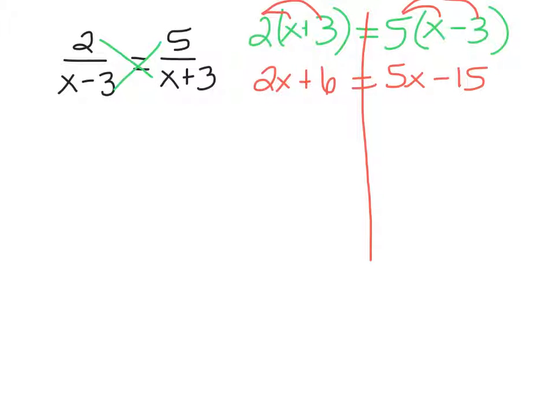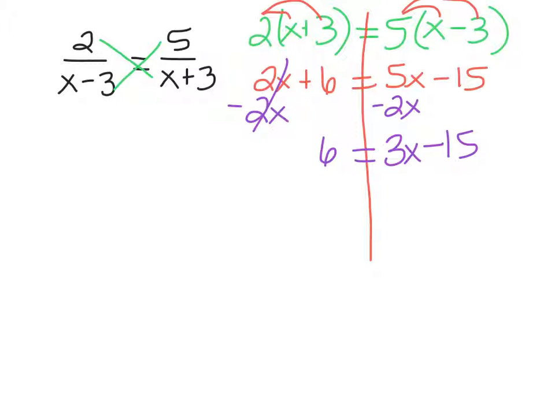Now in this problem we have variables on both sides, and if you think back to when we were solving lots of equations, when we have variables on both sides, we like to eliminate the one that has the smallest coefficient. It just makes the problem a little bit easier. So I'm going to eliminate the 2x because that coefficient is smaller than the 5x by subtracting 2x from both sides. So on this side I just have 6. On this side 5x minus 2x is 3x, and then minus 15.